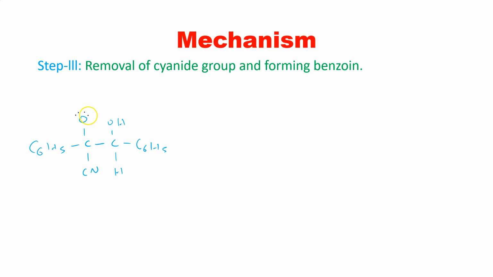this removal of the cyanide group is due to that electron pair having been shifted onto oxygen, and it forms a pi bond, and the sigma bond between these two breaks and carries away electrons with itself. This carbon becomes electron deficient, but it is satisfied by the incoming electron pair from the oxygen.